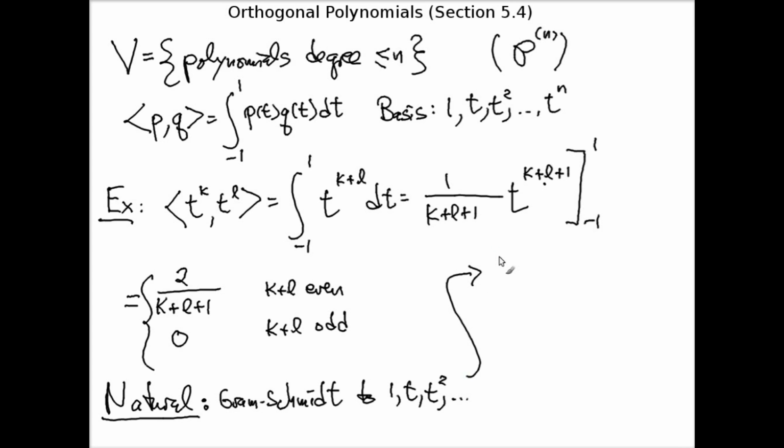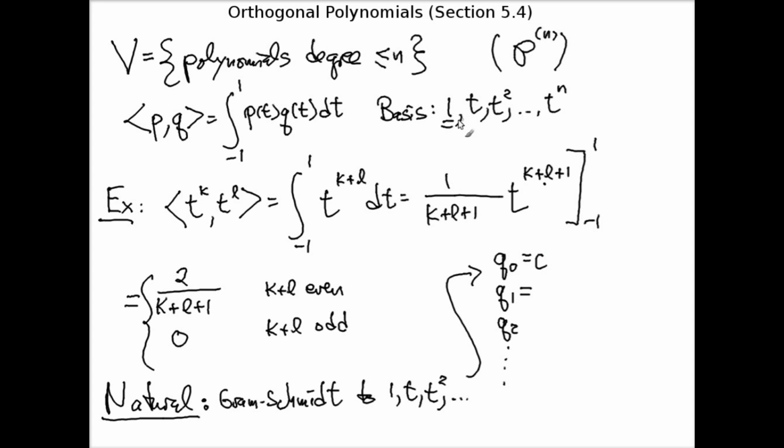You're going to get some basis, which we're going to write as Q0, Q1, Q2, and so on. And Q0 is some multiple of the vector 1, so Q0 is some constant.